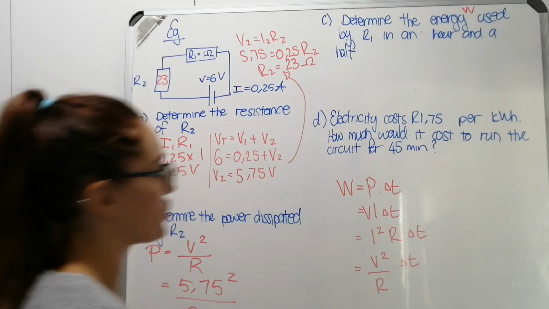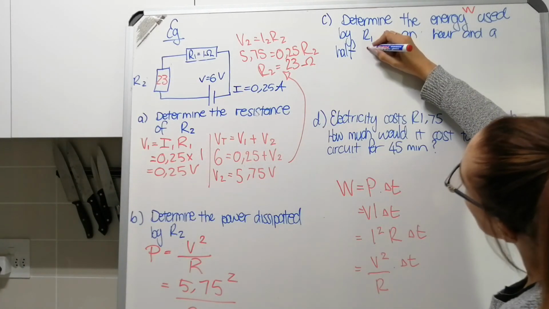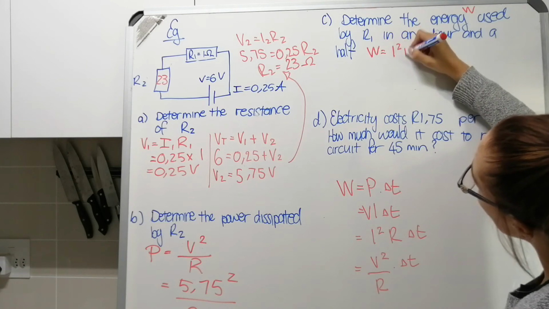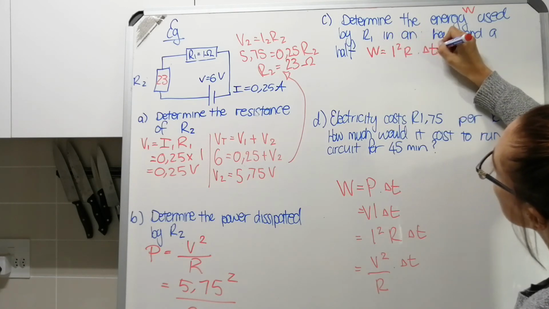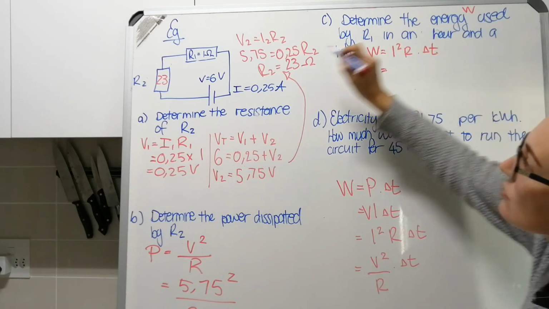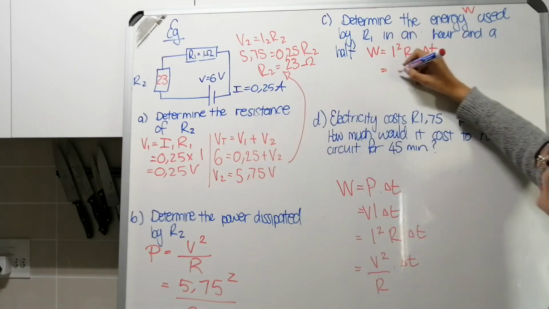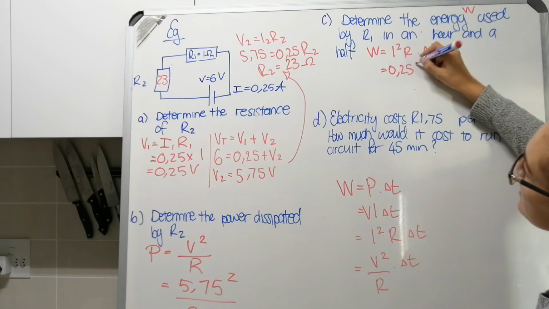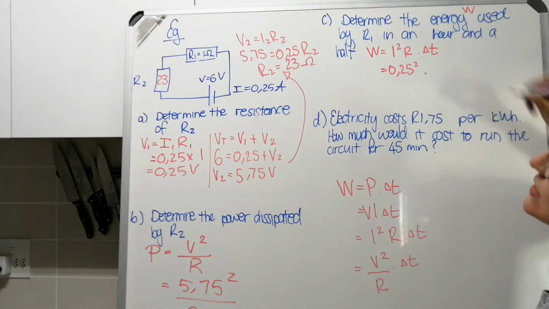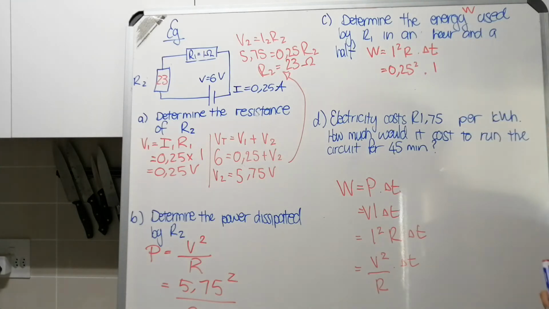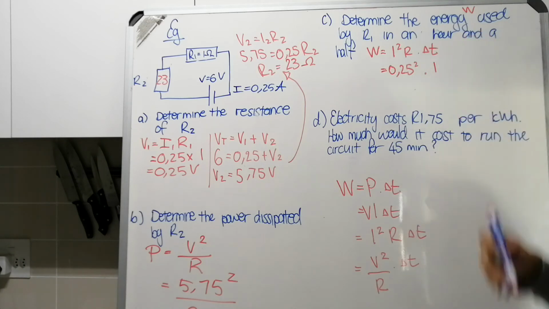We have enough information. So I'm going to use W equals I squared R times delta T. The current through resistor 1 is the same current everywhere because it's a series circuit. So it's 0.25 squared times the resistance of resistor 1, which is 1, and then delta T.